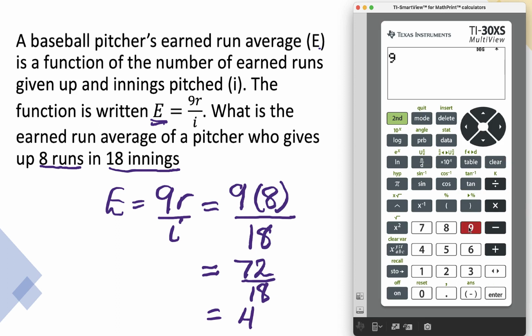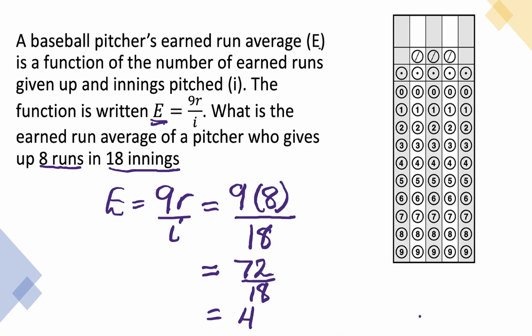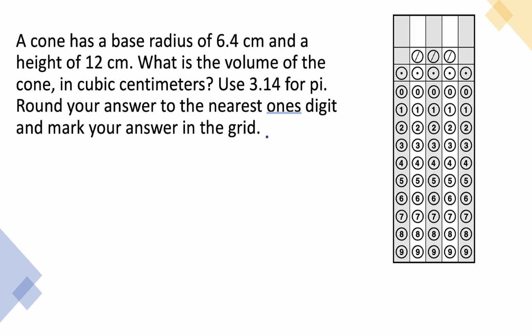So you can go 9, open parentheses, 8, close the parentheses, N over D, here's your 18, go to the right, enter, and there's your 4. You can put your answer anywhere. You can put it here, 4, so it's best to write it, bubble your answer. We have a geometry problem.